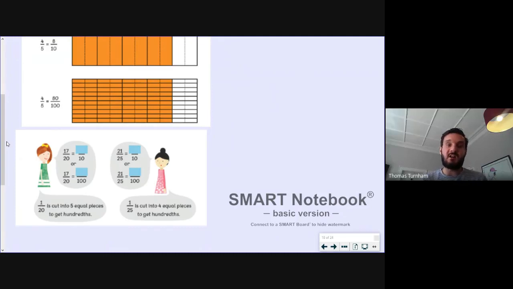So that means I've got to halve 20 to get to 10. I've got to halve 17. But what happens when I halve 17? It's an odd number, which means I'm going to get a decimal. I can't have a decimal, so that's not going to be a correct fraction.